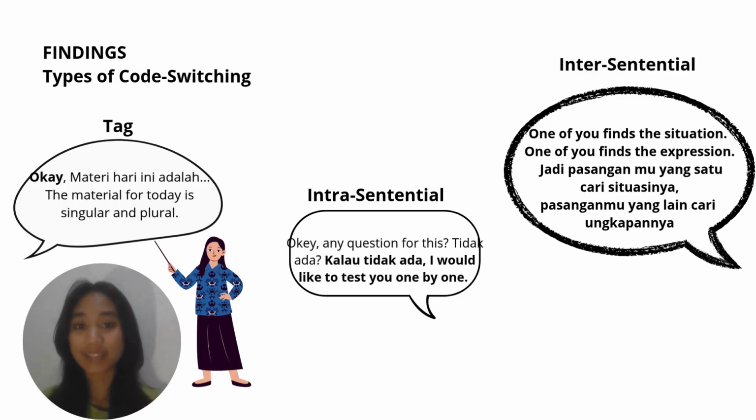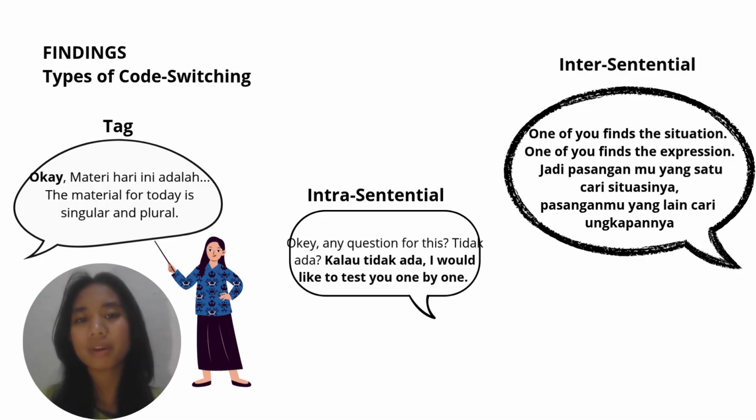The first one is tag switching. Here, it is used by the lecturer to start the lesson, to check students' comprehension or understanding, and also to give them a task. From the data, the researcher put an example of tag switching like, okay, materi hari ini adalah the material for today is singular and plural.